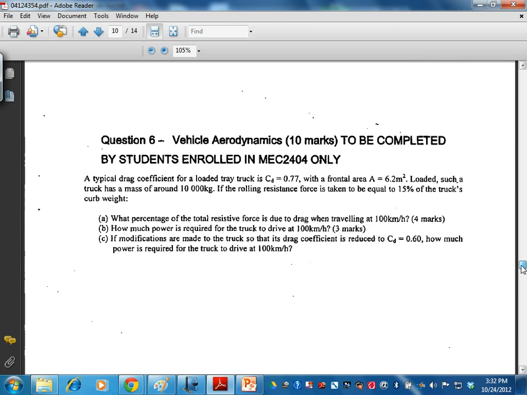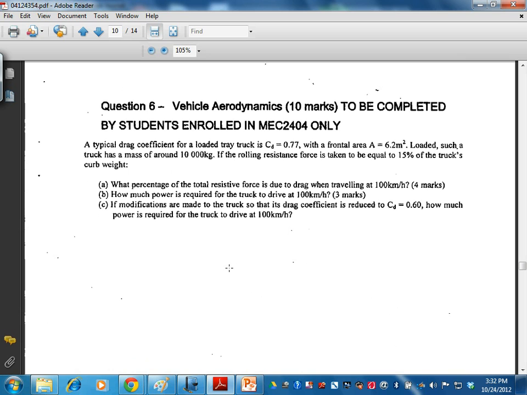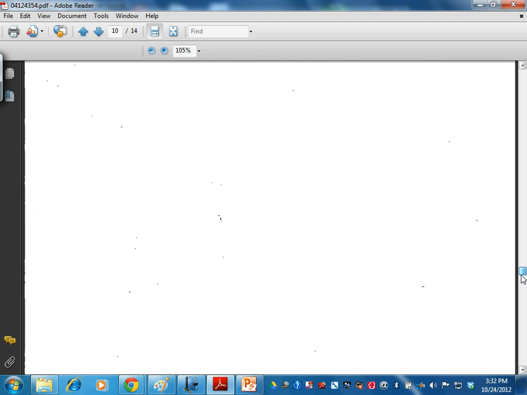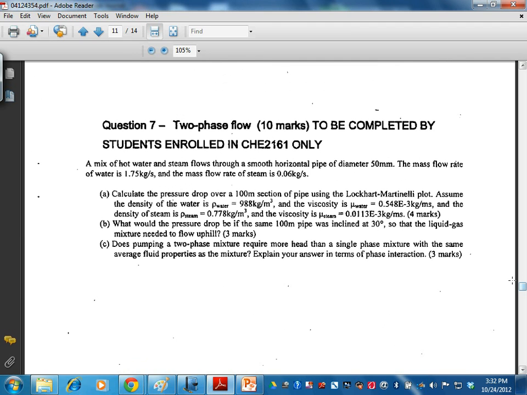Question 6. I think I did this with you guys, isn't it? Yeah, I did this with you guys. The mechanical one. Okay. Question 7. This one is using a different type of method to predict the pressure drop, so it's not relevant. Right? Not relevant this semester.